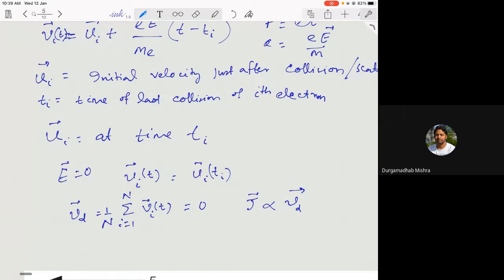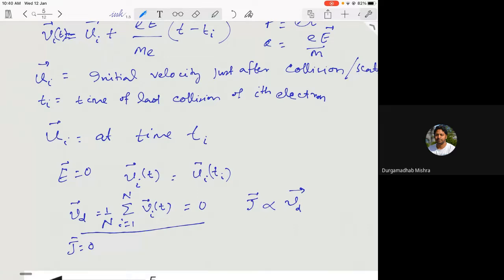So when E is equal to 0, J should also equal 0. That means there should not be any drift velocity of the electron. So Vd should be 0. And that is what we are writing here. So in absence of an electric field, the drift velocity will be 0.